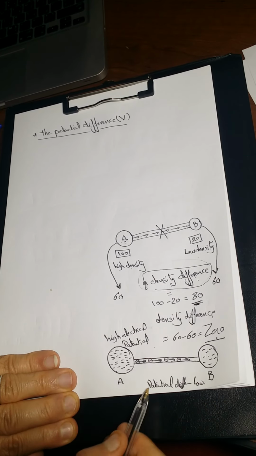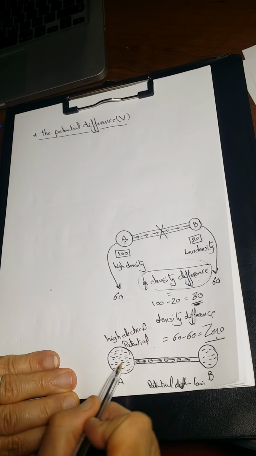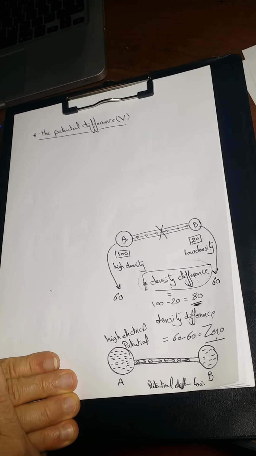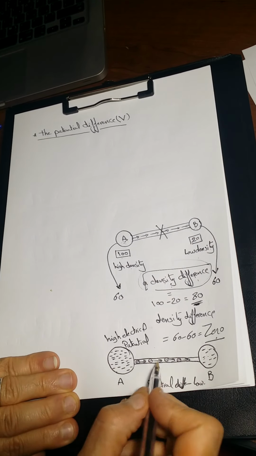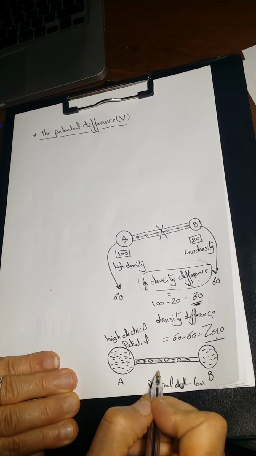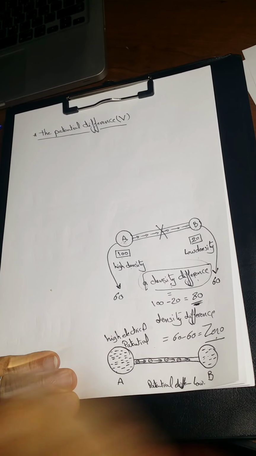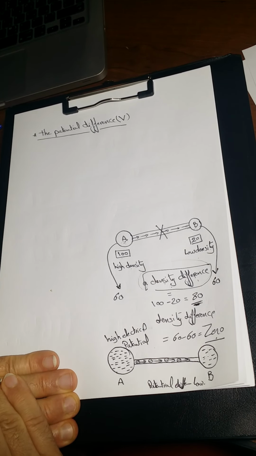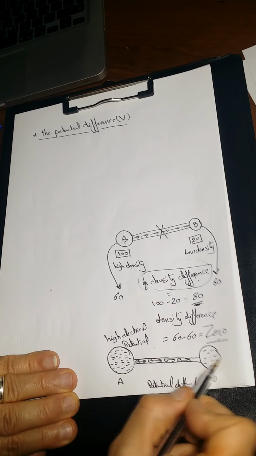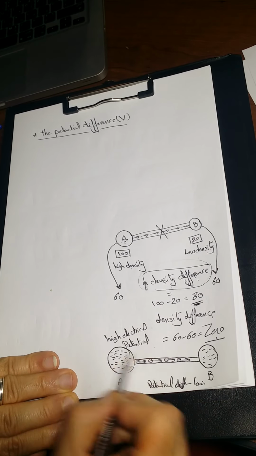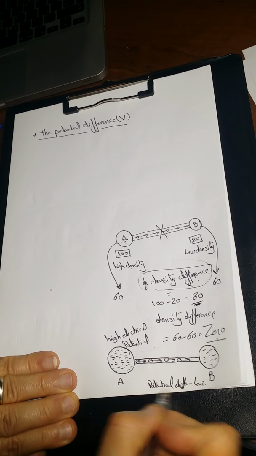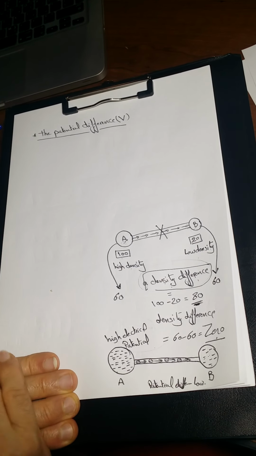Because there is a potential difference between A and B. And the flow of electrons will continue until what? Until the two conductors A and B have the same electrical potential. It means the potential difference will be 0.